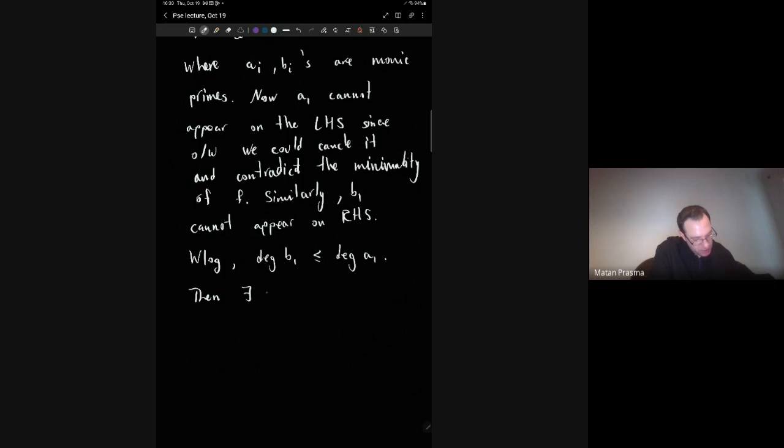So there exists a Q and R such that A1 is equal to B1 times Q plus R, with the degree of R strictly smaller than the degree of B1.